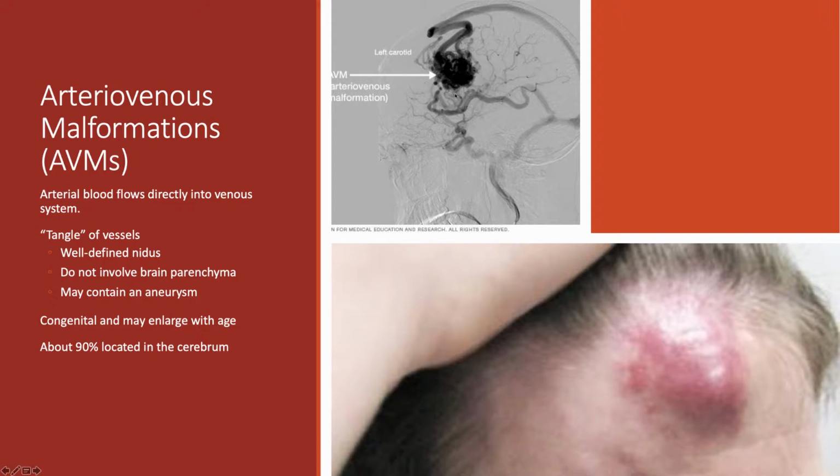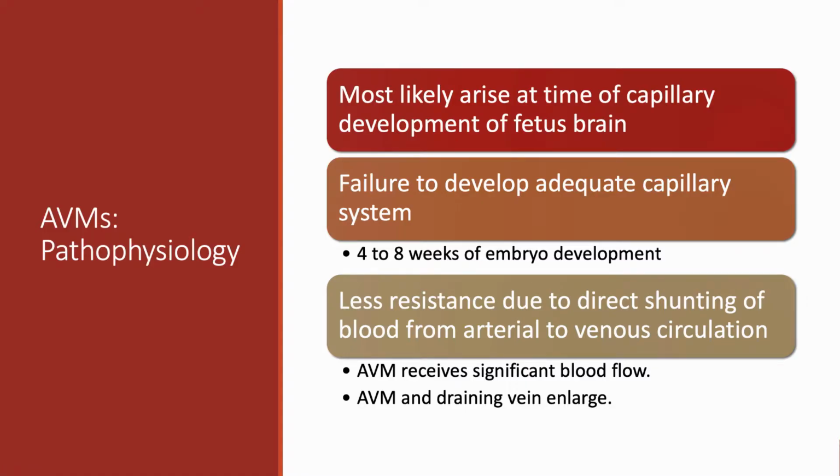So here's an AVM inside the brain that is being demonstrated here, and that AVM needs to get fixed somehow. So the way they do that is, well, we'll talk about it in a minute.